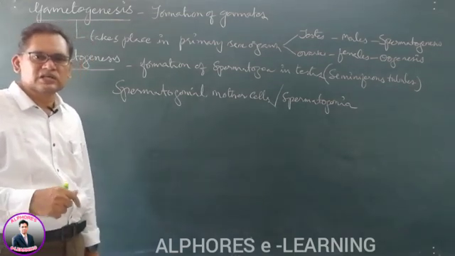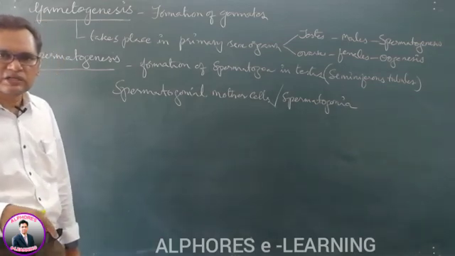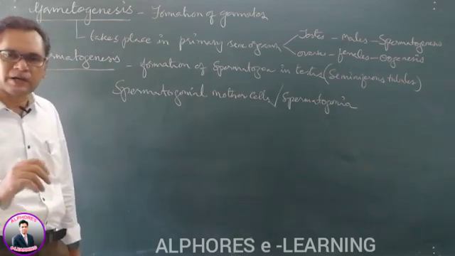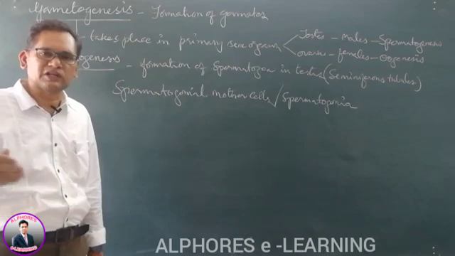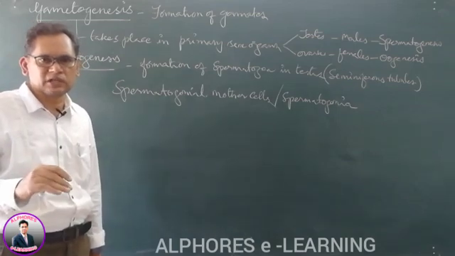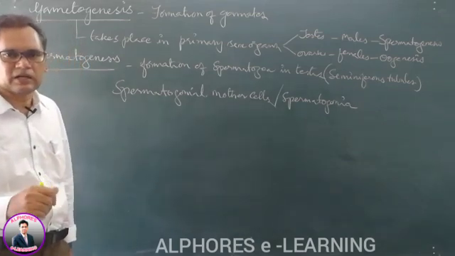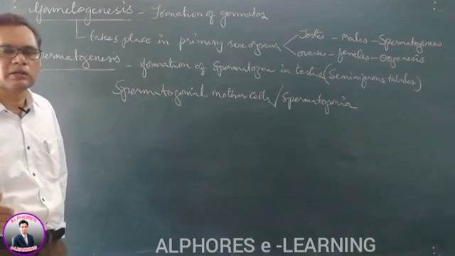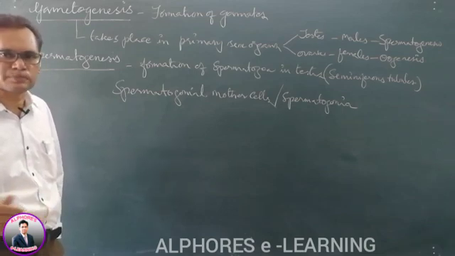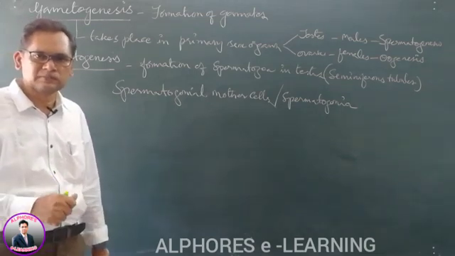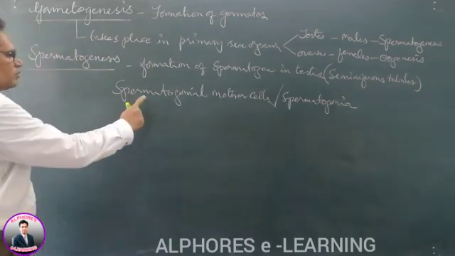Spermatogenesis starts at the onset of puberty, at 13 to 15 years of age, when the boy reaches puberty.